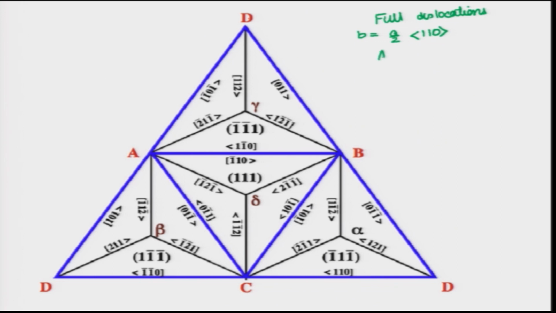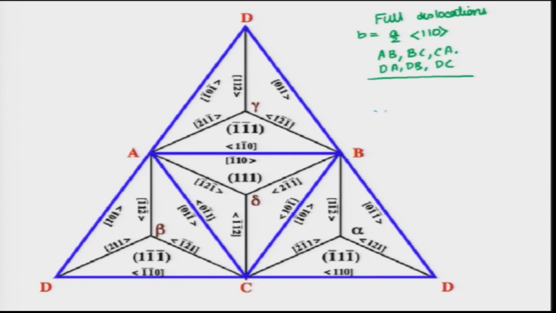So in terms of AB, BC, we can write it as AB, BC, CA, DA, DB, DC. So these 6 represent the Burgers vector for a full dislocation.